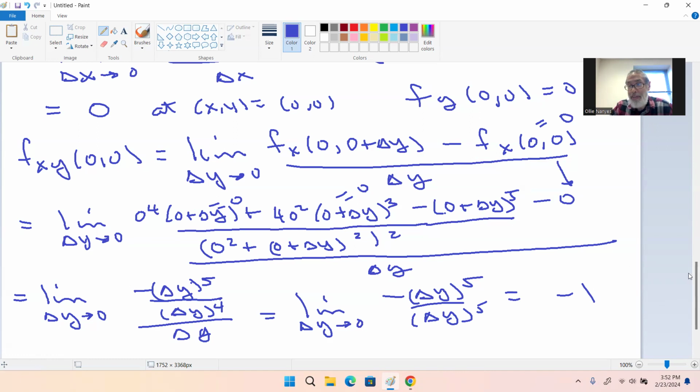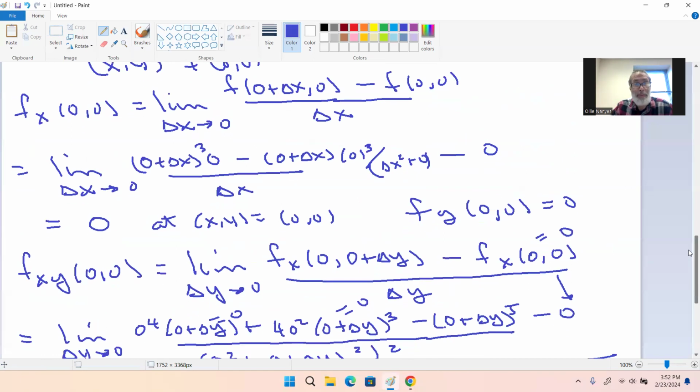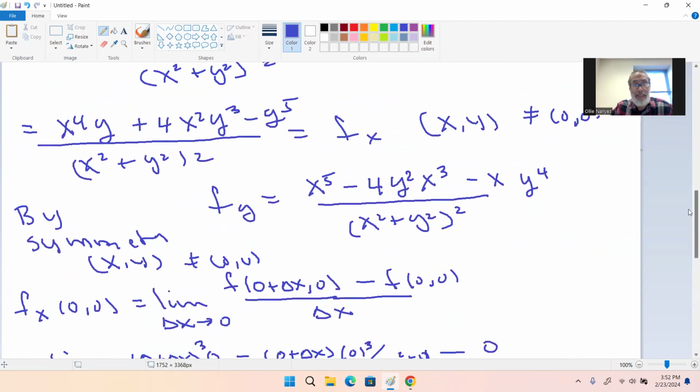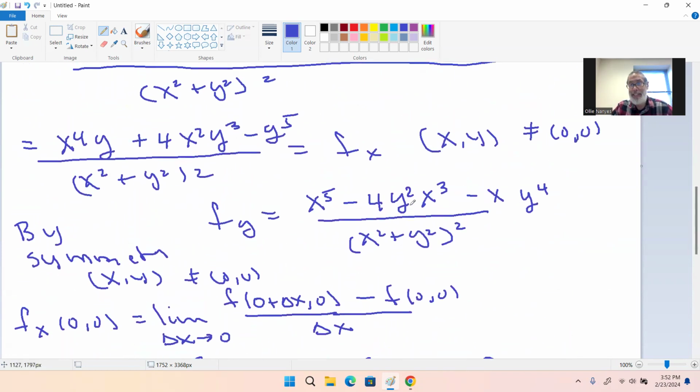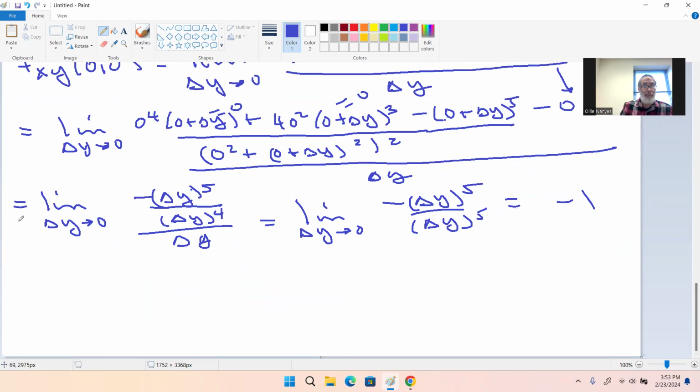On the other hand, by symmetry, because remember now, we had this situation here, so I'm going to go ahead and do this quickly. If I want to calculate now f sub yx at 0, 0, what I have is a limit as delta x goes to 0.